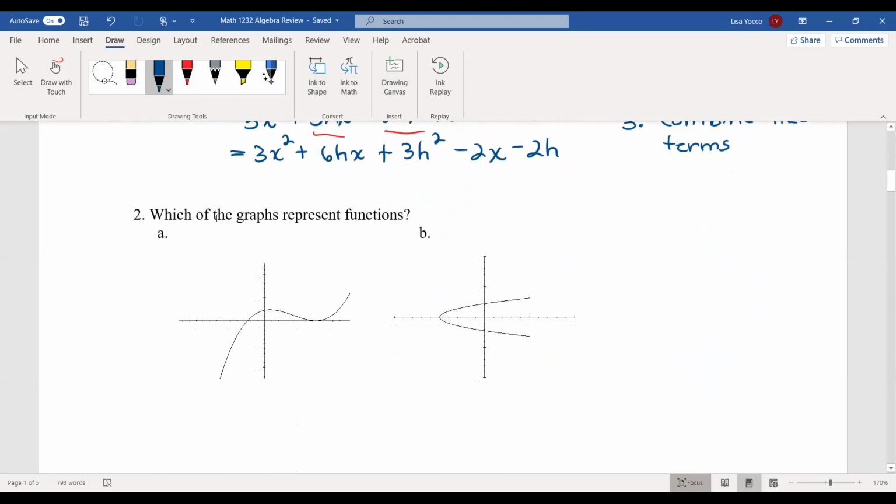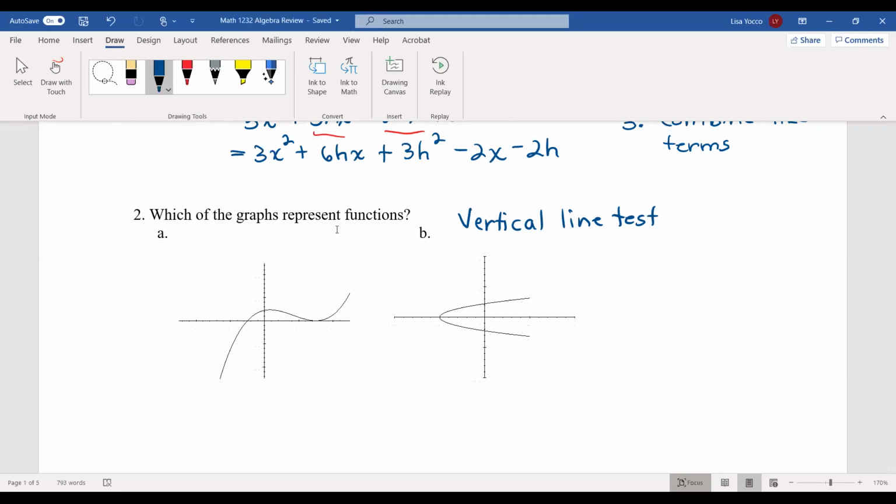Okay, now we're looking at some graphs to see if they represent functions. This is the vertical line test that I mentioned a minute ago. So remember what it said, if there's any vertical line that crosses the graph in more than one point, then it's not a function.